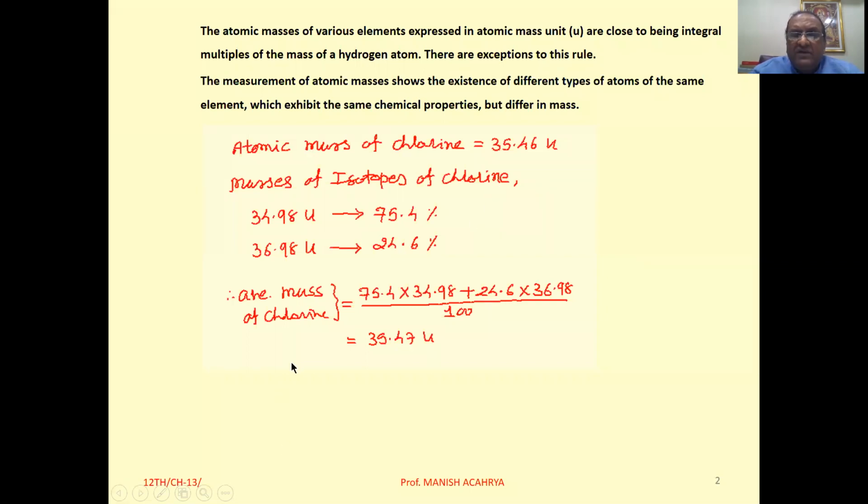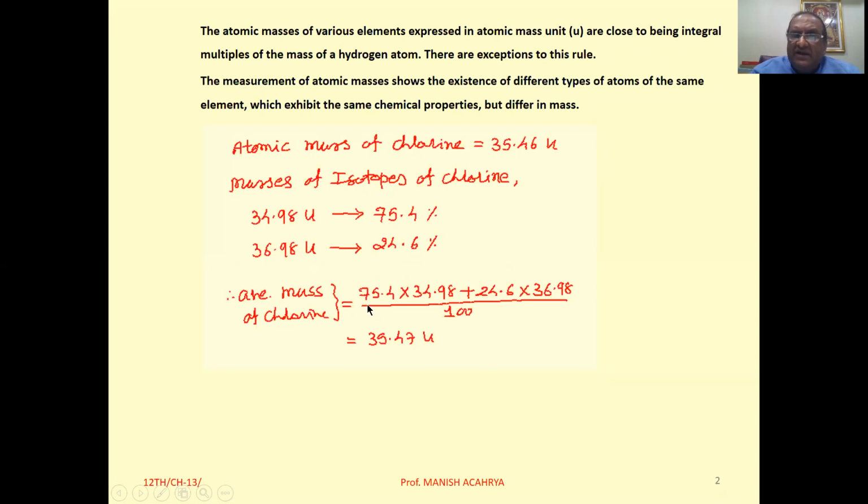So if we calculate the average mass of chlorine by taking the compositions of these isotopes, then we can write 75.4% means 75.4 by 100 into 34.98 u plus 24.6% means 24.6 by 100 into 36.98 u.